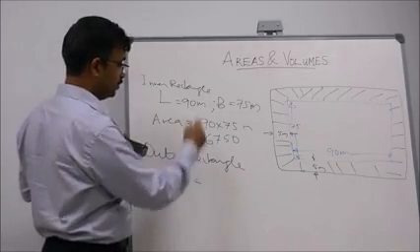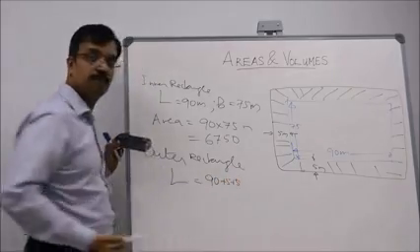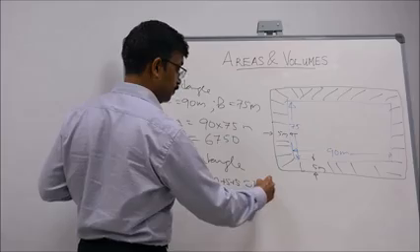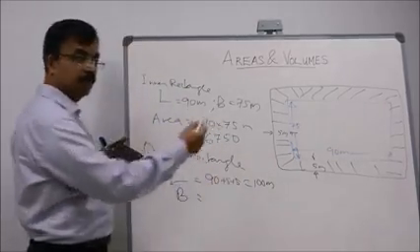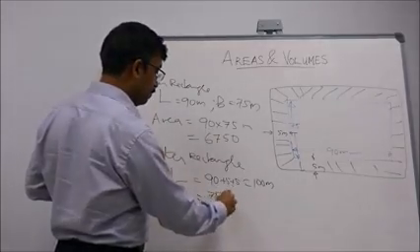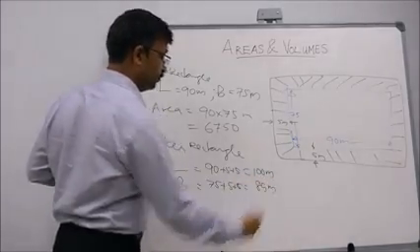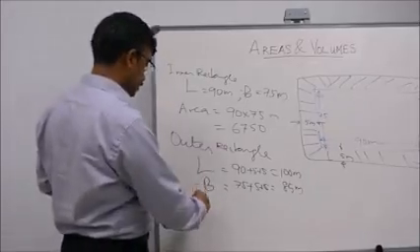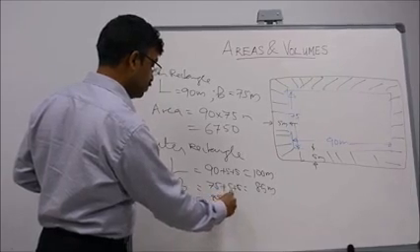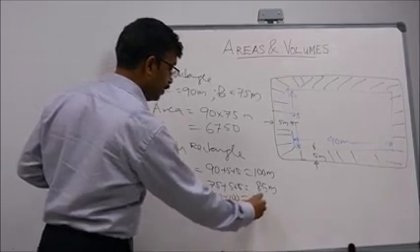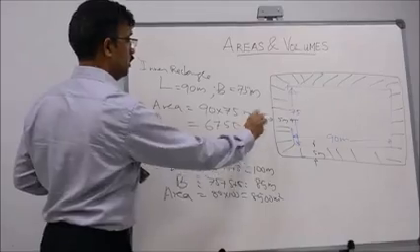The length of it is 90 meter plus 5 plus 5, which becomes 100 meter. And the breadth of it for the inner was 75, so 75 plus 5 plus 5, which is 85 meter. So the area of the outer rectangle is nothing but 85 into 100, 8500 meter square. Here also it is meter square.